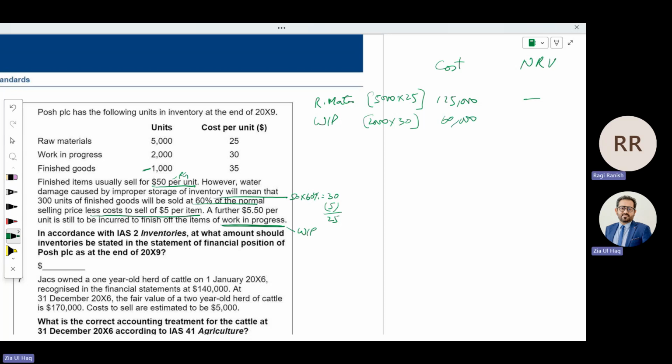What is their NRV? 2,000 into 5.5. If suppose we take their selling price 50, we take their cost to sell 5.50, we are having 44.5. Even NRV will be higher than this. This means we will take it on cost.